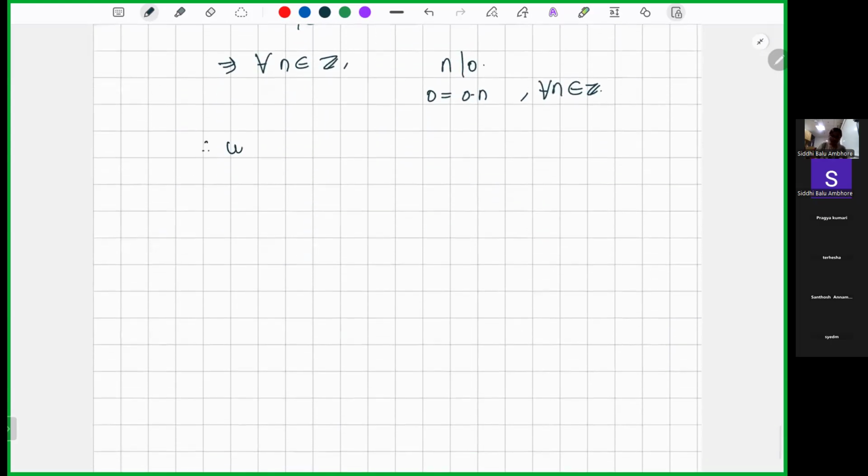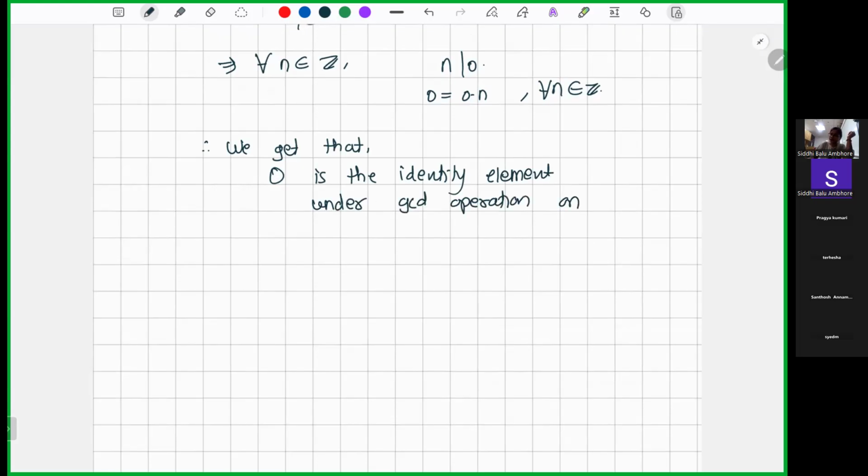So therefore we get that 0 is the identity element under the GCD operation on Z, okay?